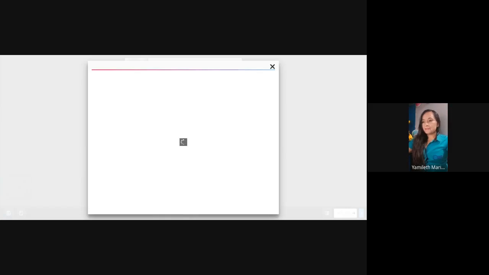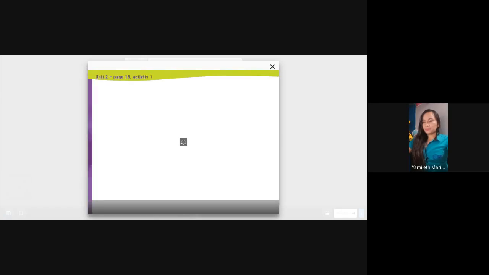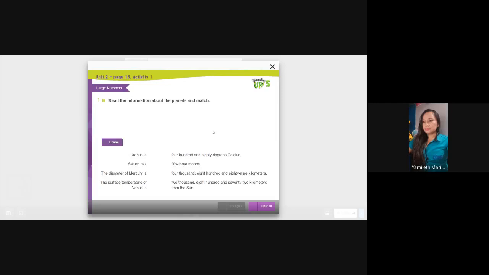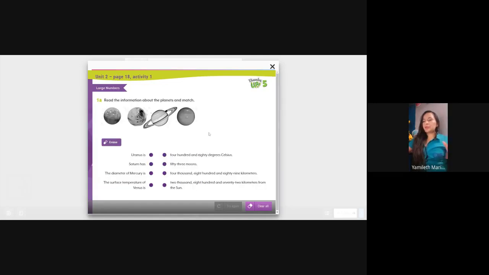The page is loading in this moment. Here we have it. Remember, read the information about the planets and match. Uranus is... what is the correct one? That is the correct option that we have in here. We are going to do this. Then we are going to check the answers. Don't worry.